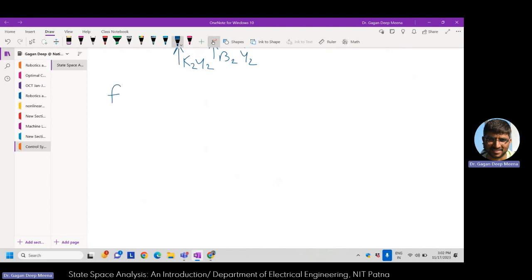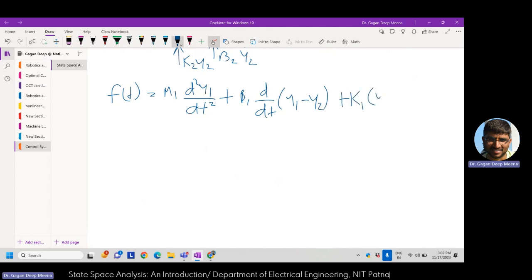So I can write f(t) equals m1 d square y1 by dt square plus b1 d by dt of (y1 minus y2) plus k1 (y1 minus y2). So that's the first differential equation.